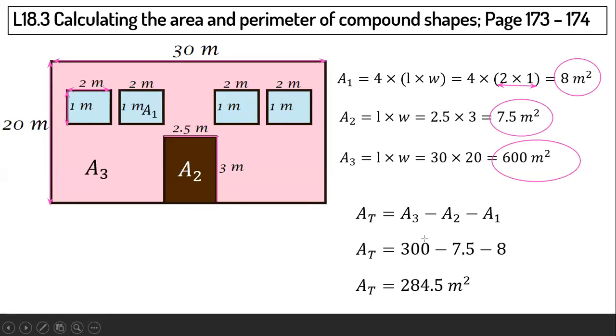So what should I do? This one is not correct. This one is 600. 600 minus 7.5 minus 8. So this one will be what? 584.5.